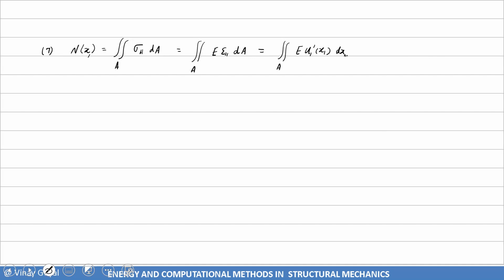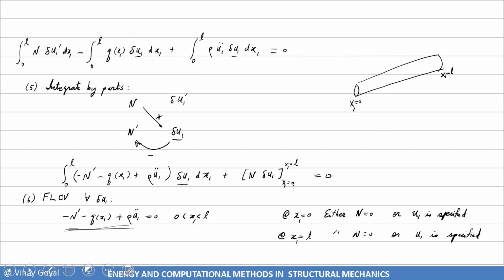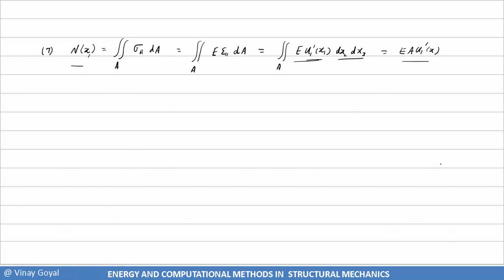But dA is dx2 dx3, so this does not depend on the cross-sectional area. Therefore, I just get EA u1 prime of x. So I know now what N is in terms of EA and deflections, and I can plug it back in here. So I get that the equilibrium equation in terms of just deflections is minus EA u1 prime, all prime, minus q of x plus rho A u1 double dot equals 0.